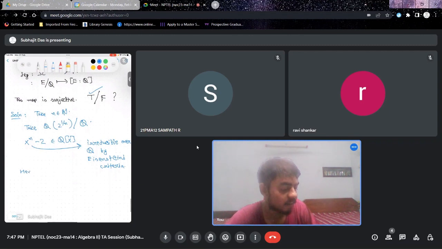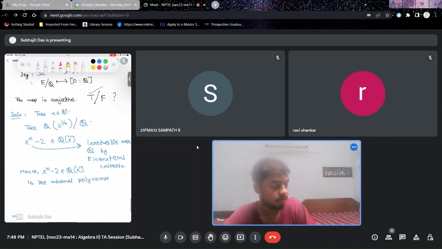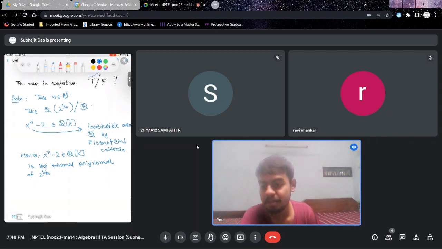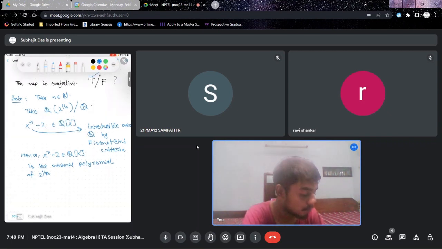Hence, x to the power n minus 2 in Q[x] is the minimal polynomial of 2 to the power 1 over n, because 2 to the power 1 over n is in particular a root of this polynomial, and this polynomial is monic and irreducible over Q.